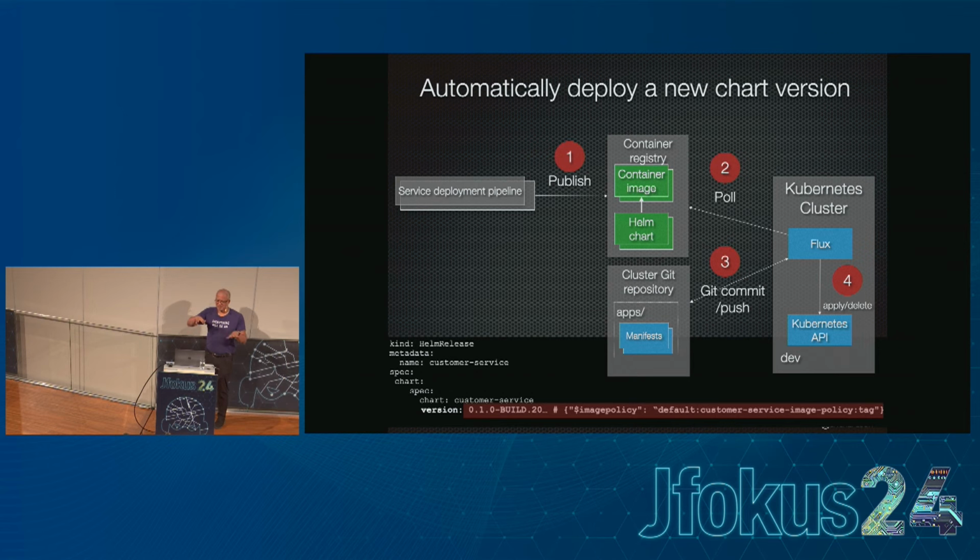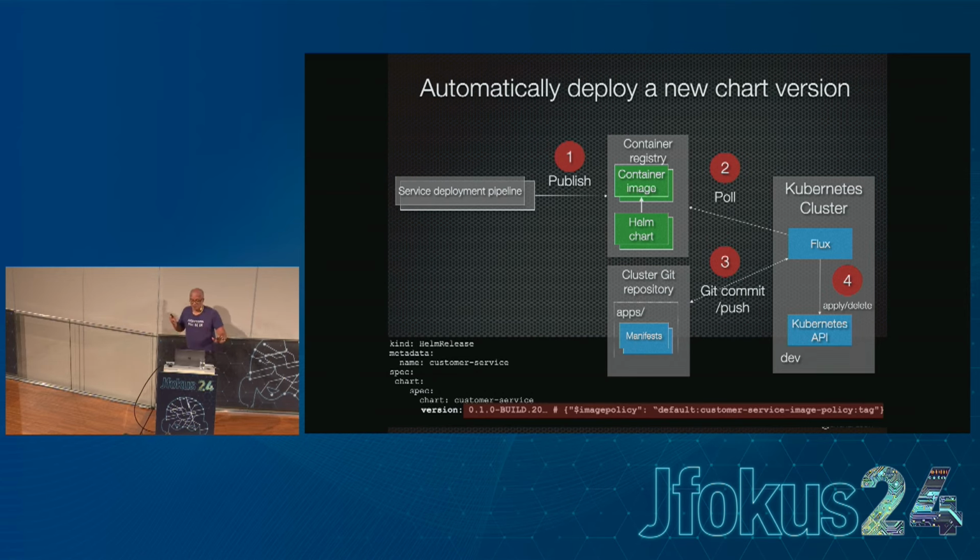There are a bunch of resources that you have to define, and also the manifest that you want to update has a marker comment, some specially formatted syntax, that tells Flux where to make the edit, which is pretty nice.